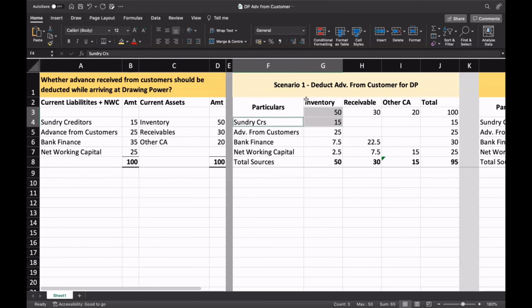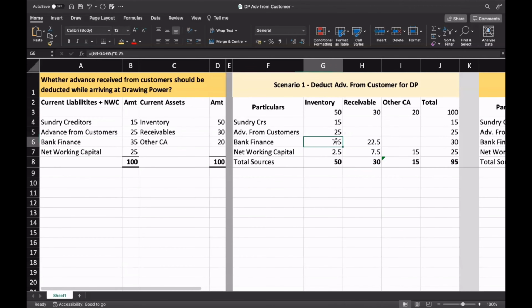And I'm also going to consider that this inventory is also funded by advance from customers, and the amount is this 25. So if I make this assumption, 50 minus 15 minus 25, that is 50 minus 40, 10. 10 will be the inventory that can be considered for bank finance. So on the 10, bank can fund 75%, assuming a margin of 25%.